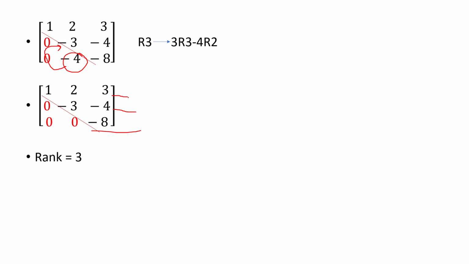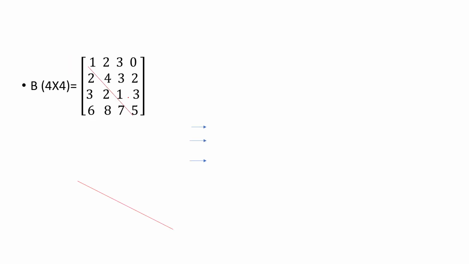Okay, let me discuss it with another example. Here we took a 4 by 4 matrix. The first step you need to do is to plot the diagonal elements. After plotting the diagonal elements, you have to check what you have to make zeros.